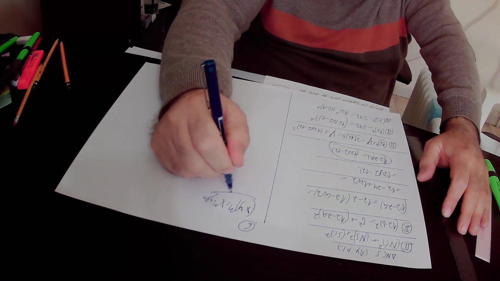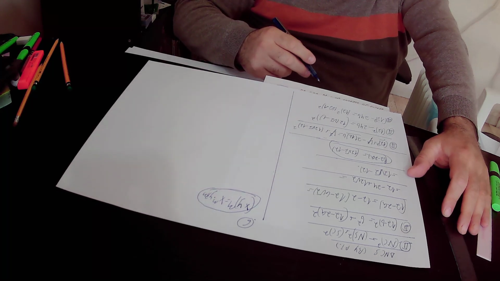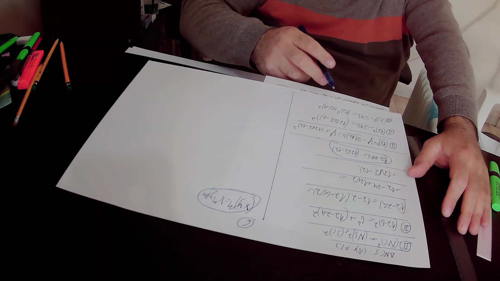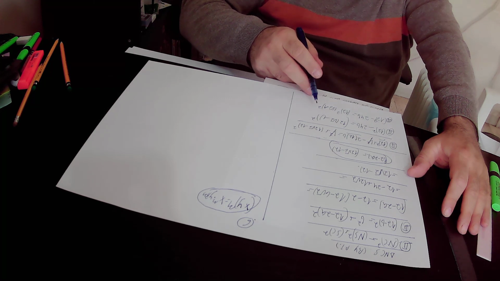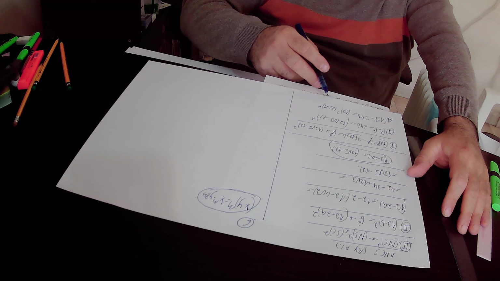According to this algebraic identity, we get that (12 times (square root of 2 minus 1)) squared equals 12 squared times (square root of 2 minus 1) squared.